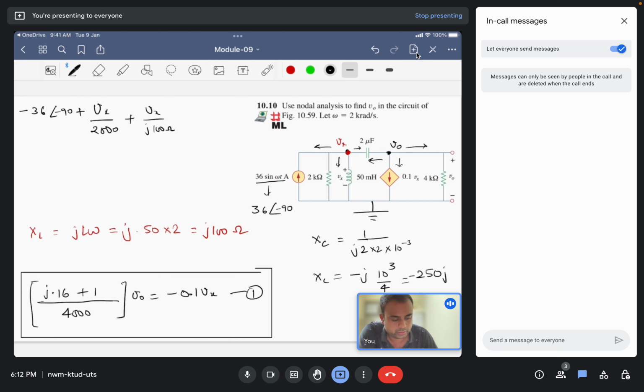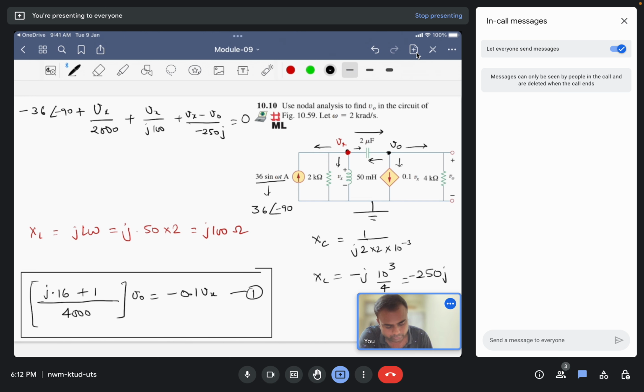Okay, and finally this part, that is plus Vx minus V naught divided by the impedance of the capacitor, that is minus 250 J. No need to write the ohm sign here. The sum should be equal to 0. Now from equation 1 we already have the value of Vx, so we can substitute it.